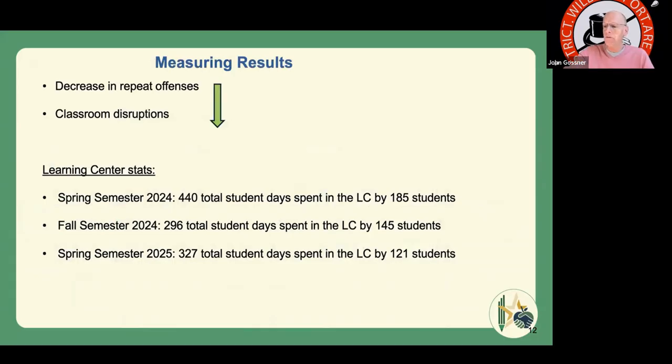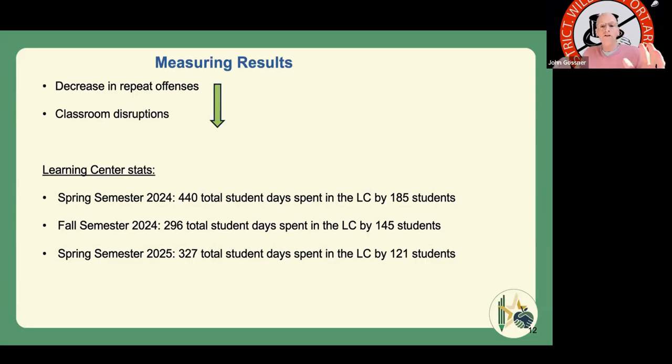Now, the question then becomes, is it working? And so, yeah, it's been fantastically successful. I was sharing with some folks right before we got started here, we've been doing this now for 2 years. My first semester in there was just kind of a get acquainted with the Learning Center, see how things operate. And I didn't institute any changes until January of 2024.